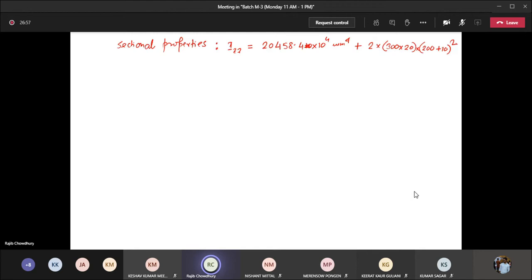I am calculating the IZZ about the own axis of the entire section. IZZ of the plate I can eventually calculate, which is basically IZZ1, but I am neglecting that for the time being.